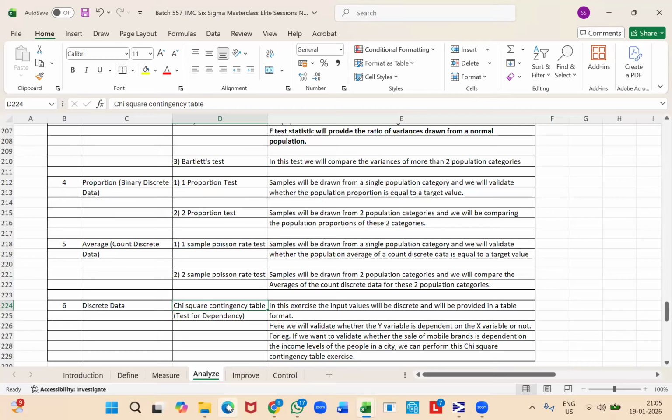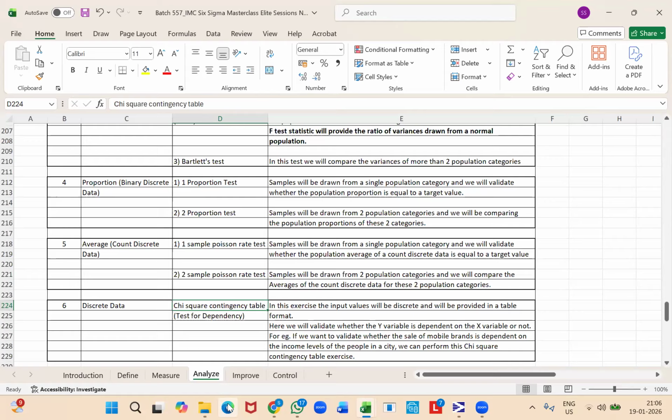We all know that an effect cannot happen on its own. The effect will always be driven by a single cause or multiple causes, right? So there is a dependency of the effect on the cause. Otherwise, the effect cannot take place at all unless a single cause or multiple causes drive that effect.